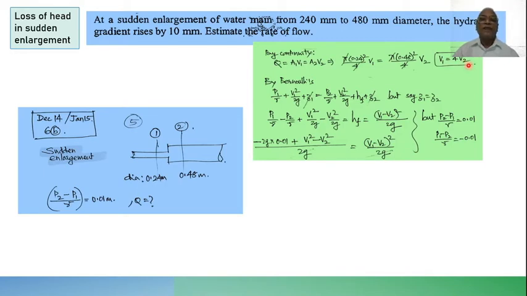Fine. Now by Bernoulli's principle, because as I have told you, here pressure as well as flow velocities are involved, and assuming that it is a horizontal pipe, I can write the total head at point 1 is equal to the total head at point 2 plus the head loss.